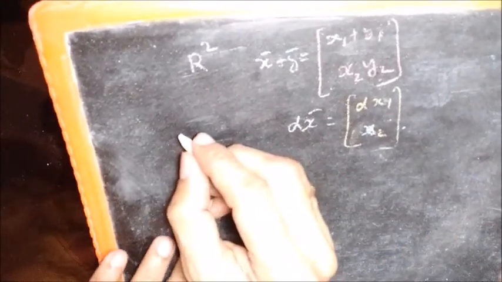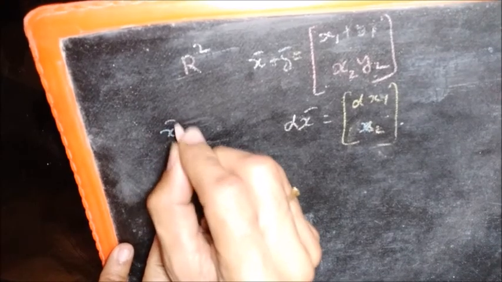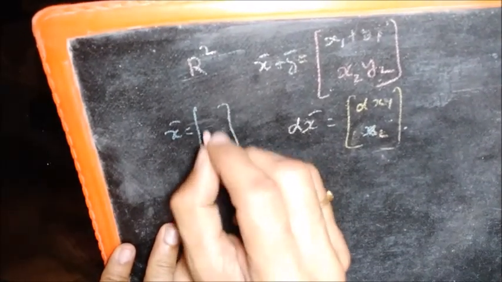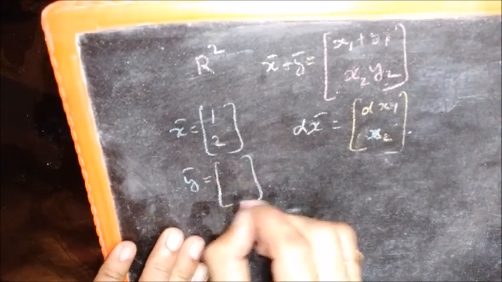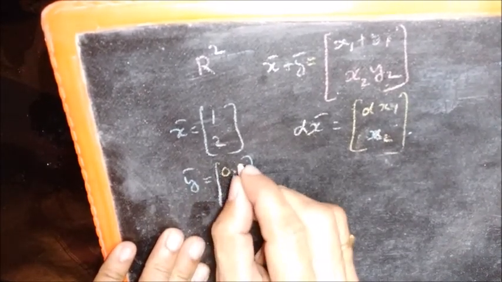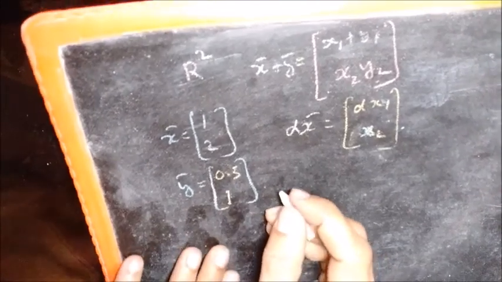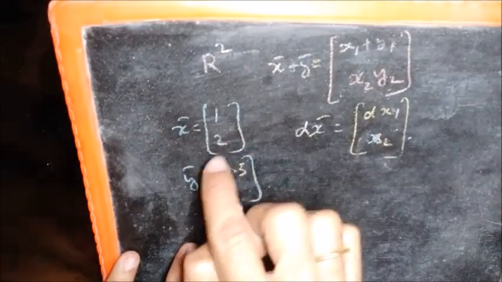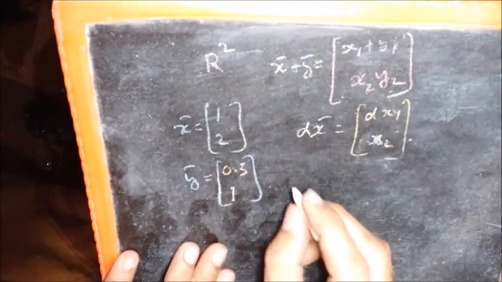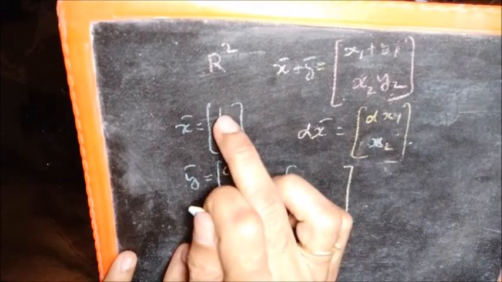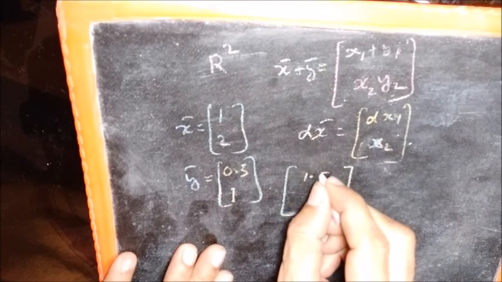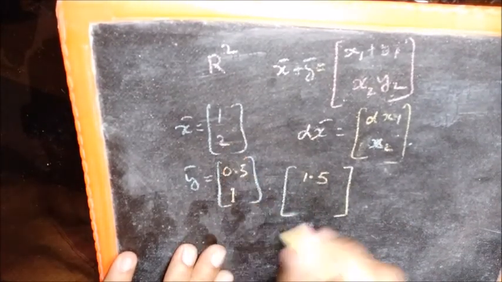If you want an example, let us say that x is equal to 1, 2 and y is equal to 0.5 and 1. Now if I add these two vectors as per the way we have defined it here, the result will be x1 plus y1, that is 1.5, and x2 into y2, that is 2.